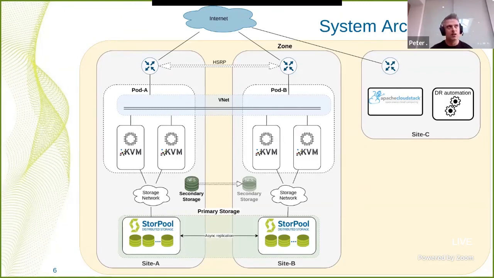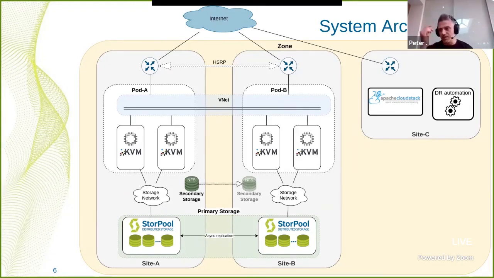It uses VXLAN on top of a VLAN, which confused us a little bit initially, but we've got it working. There's two VLANs, one at the primary site, one at the secondary site. They've actually got the same VLAN ID from a CloudStack perspective, but the stretched layer 2 connection between the two sites is handled with VXLAN on the switch side.